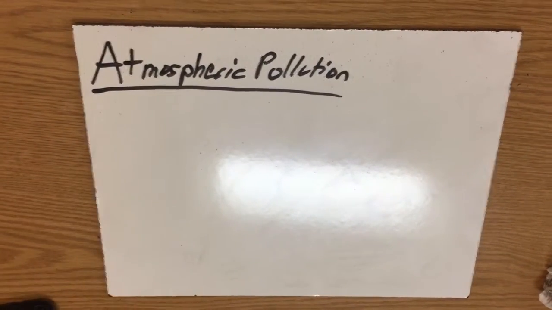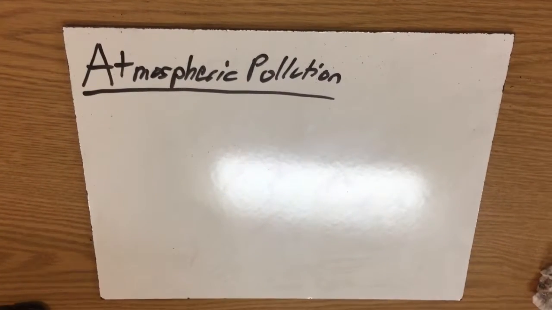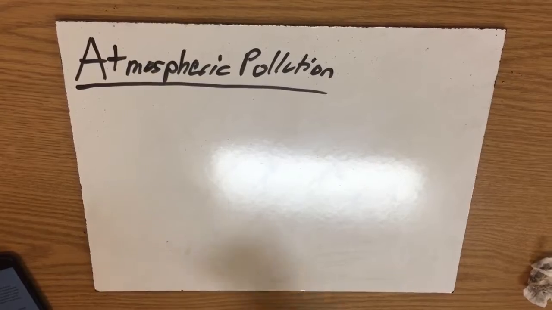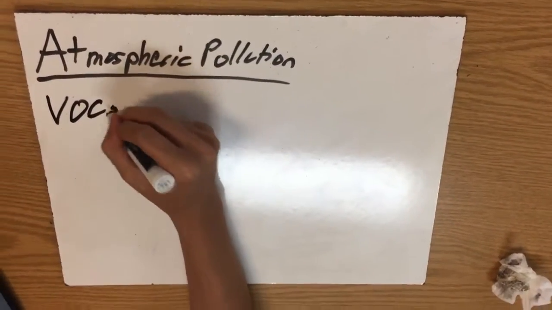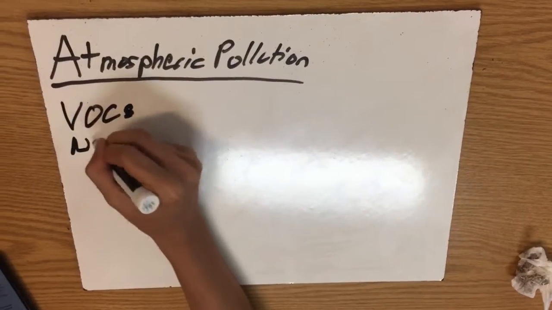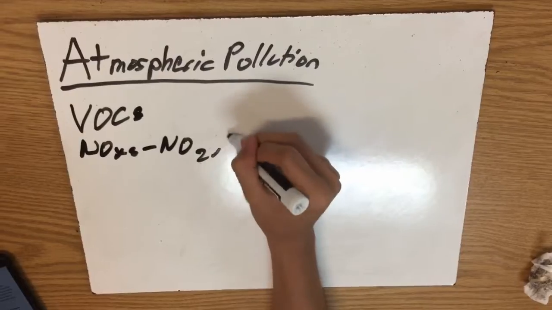The pollutants we're talking about may seem very similar to indoor pollutants, because some of them are the same. First we have VOCs, which are volatile organic compounds. We have NOxes, and these include nitrogen dioxide and nitrogen oxide.